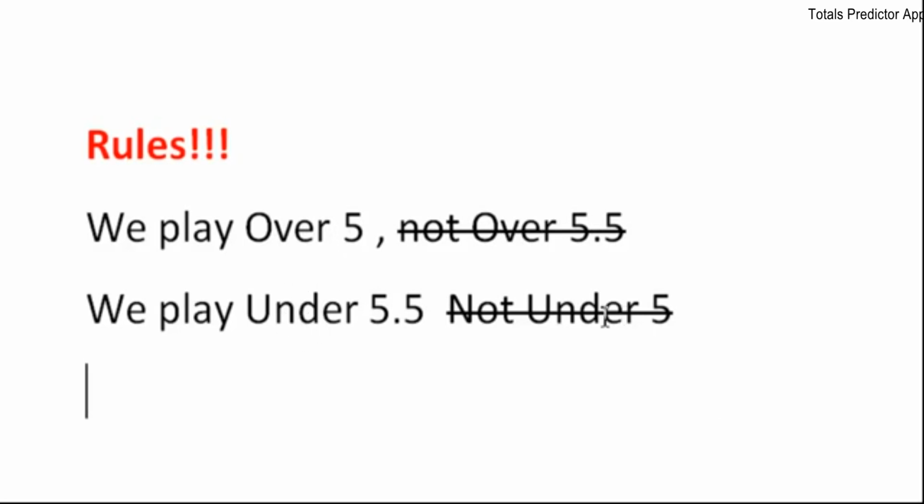And if you play under 5 instead of wins, for under 5.5, you'll be getting a lot of pushes. So if you bet like this and like this, you'll only get losses and pushes. And if you play like this and like this, you mostly get pushes and wins. So it's much better to play it like this. I suggest you remember these simple rules.